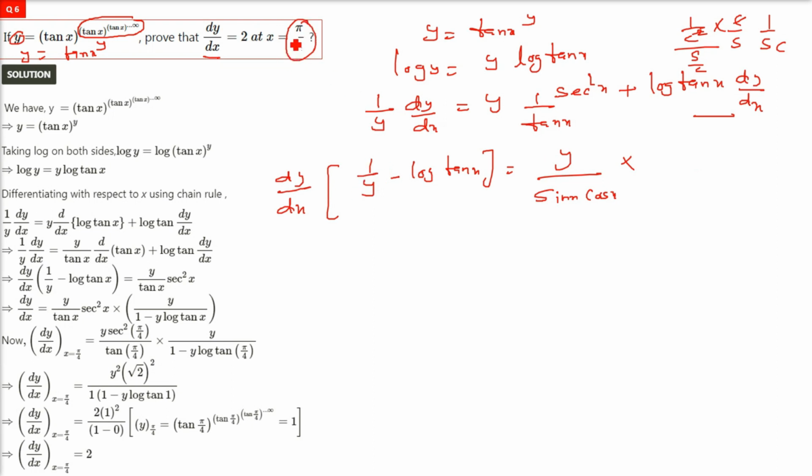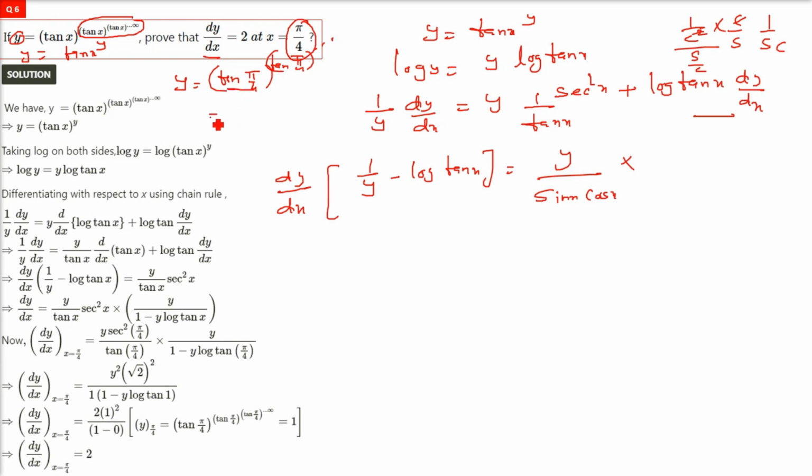Alright. So I'm not solving the left hand side, I'm just keeping the value as it is. That is, we need y first. What is y? y is tan x to the power tan x to the power tan x till infinity. This is what we wanted. So what is y? y is equal to tan pi by 4 to the power tan pi by 4 to the power tan pi by 4, and goes up till infinity.